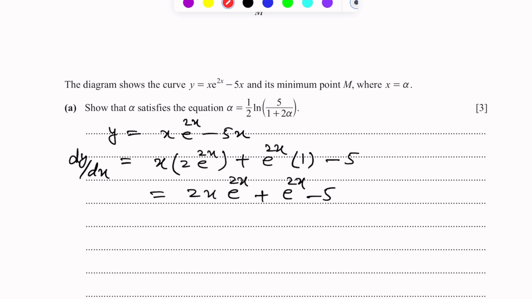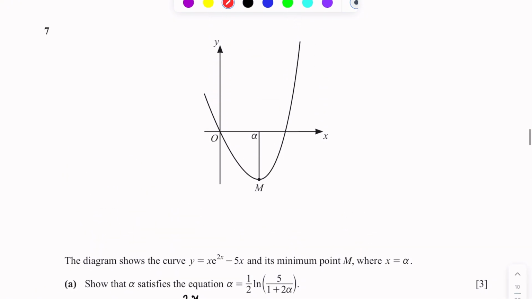For minimum point, dy over dx is equal to 0, so we equate it to 0. From here, we will make x the subject. x is the x coordinate of point M, which is represented by alpha.